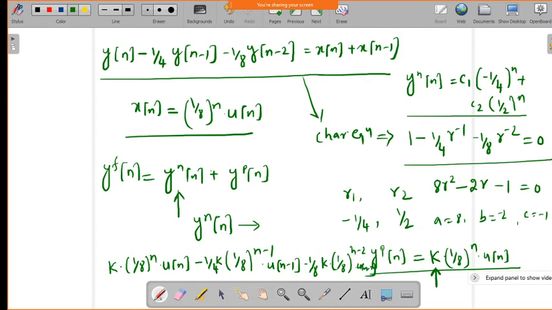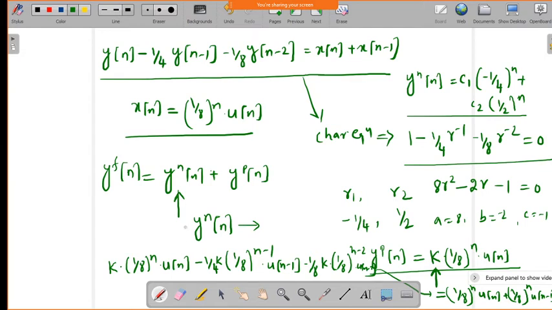This is equal to the input, which is already given: 1 by 8 power n into u of n plus 1 by 8 power n into u of n minus 1. So this is the complete equation.